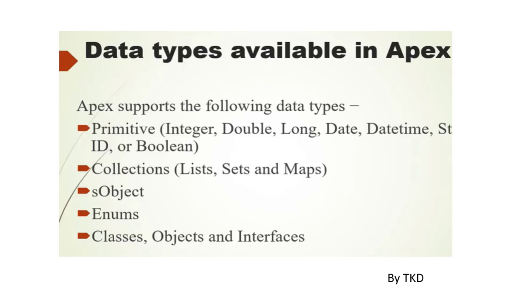Or any custom object which you create automatically becomes an sObject. Likewise, we have enums, classes, objects, and interfaces. These are the different data types which are available in Apex.